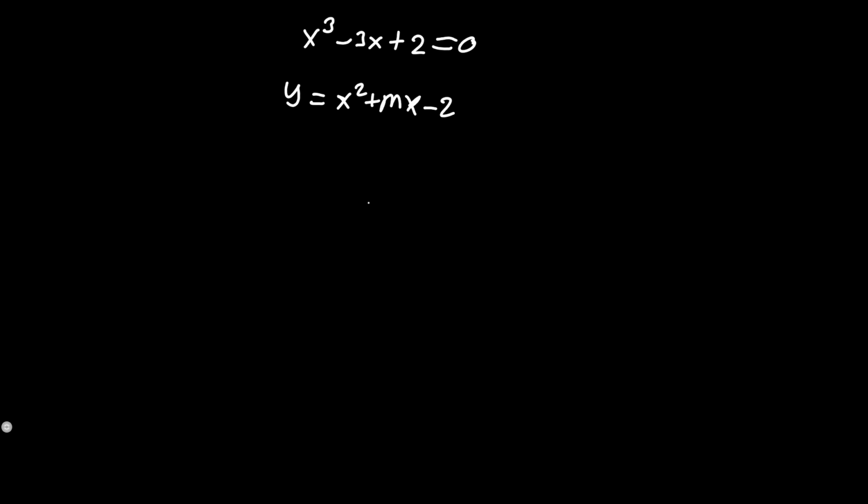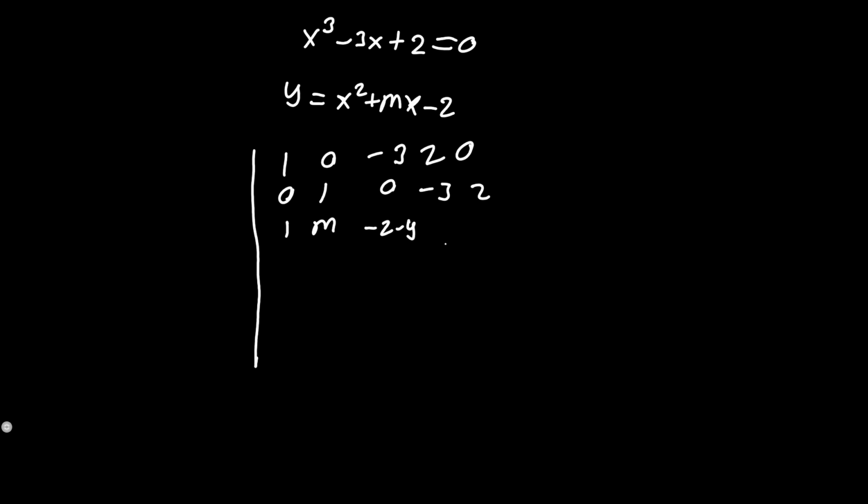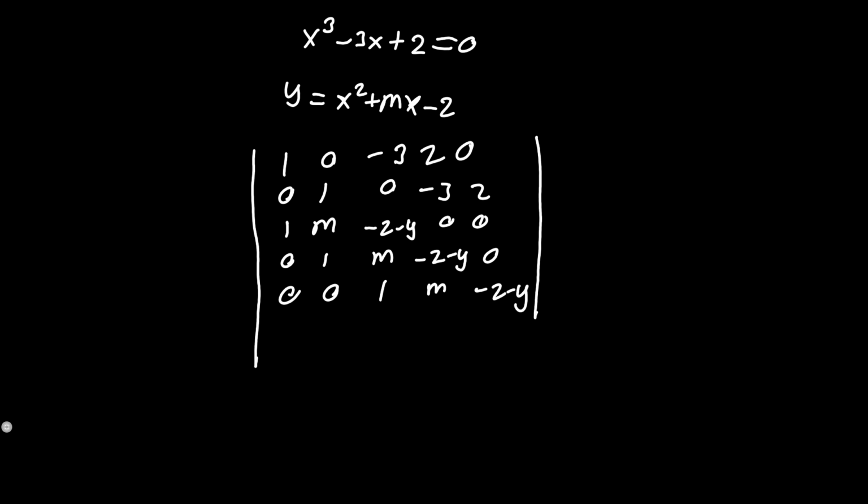I need to make a matrix that represents the cubic that we have right now on the top. So the matrix is going to be 1, 0, -3, 2, 0, 0, 1, 0, -3, 2, 1, m, -2 minus y, 0, 0, 0, 1, m, -2 minus y, 0, 0, 0, 1, m, -2 minus y, and that is the matrix that we have.